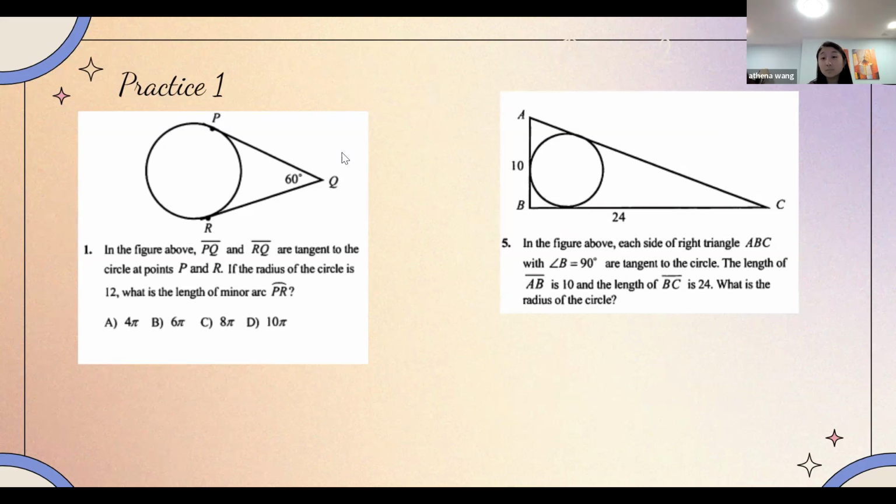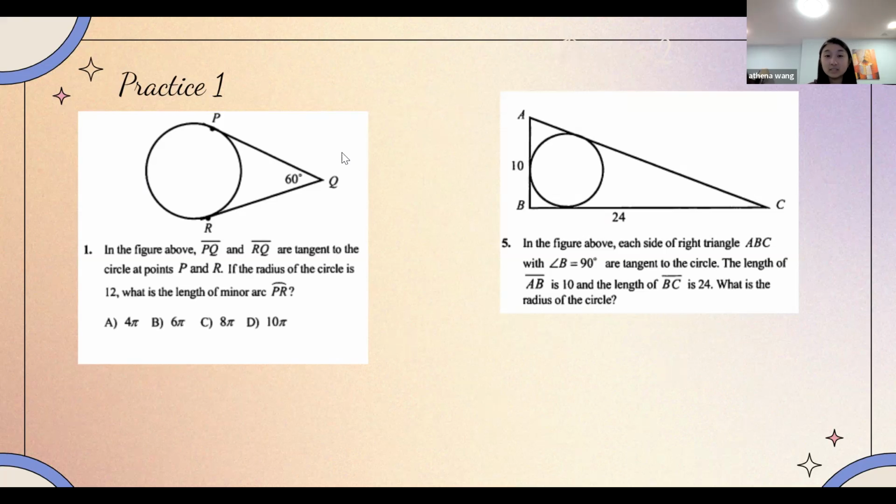Okay. So far I got one answer for number 1. Did anybody else finish it? Okay. I will go over it in a minute then.